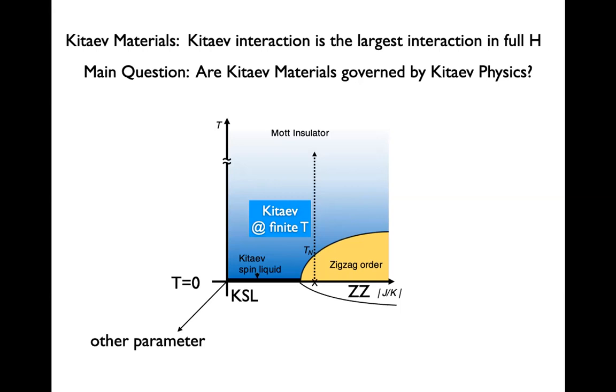I have these other quantum parameters such as magnetic field, which has been a hot topic in recent years, or some other interactions. We expect that this zigzag order will compete with some other interactions, giving some other state here. Maybe this Kitaev spin liquid might extend here.